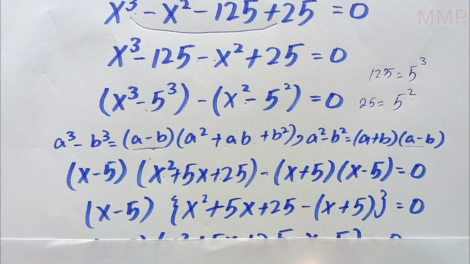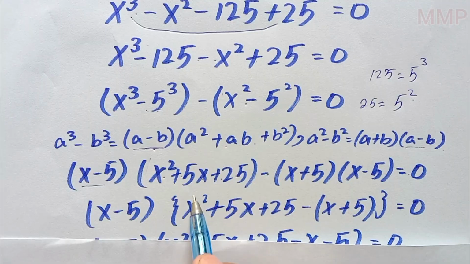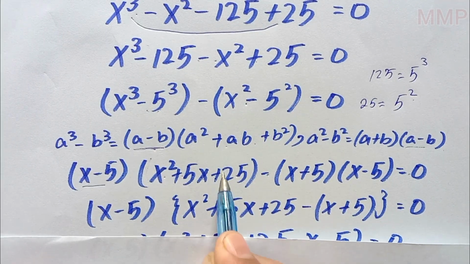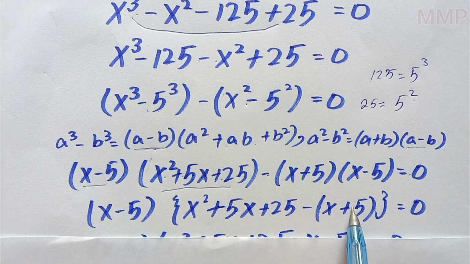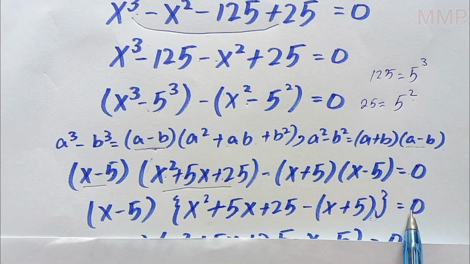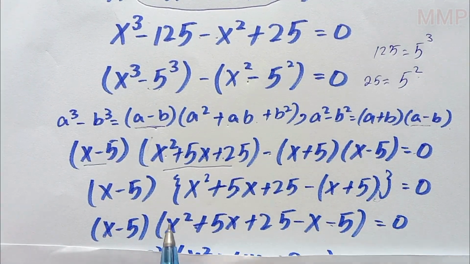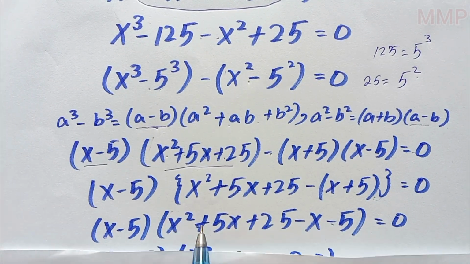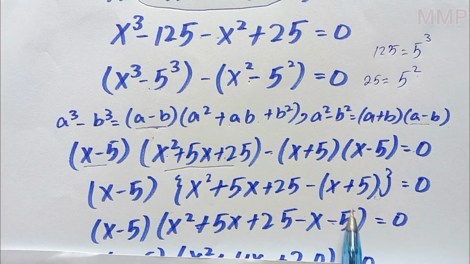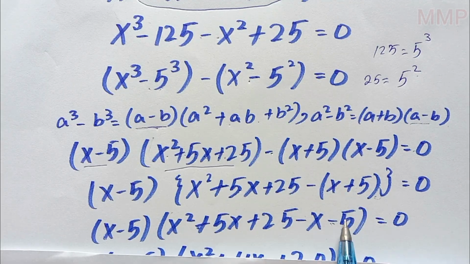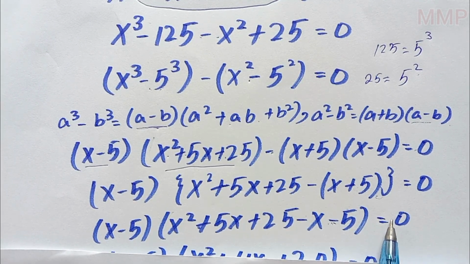In the next step, we write x minus 5 as common: x minus 5 into x square plus 5x plus 25, minus x plus 5, bracket close, is equal to 0. Opening this bracket, minus x and minus into plus is also equal to minus, minus 5, whole bracket close is equal to 0.